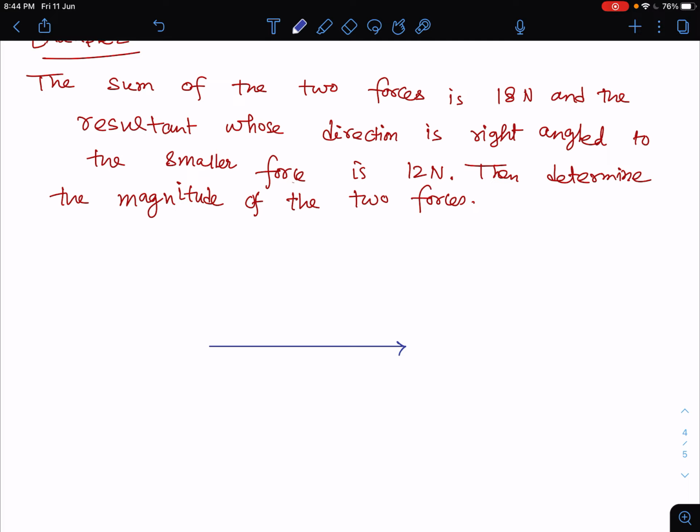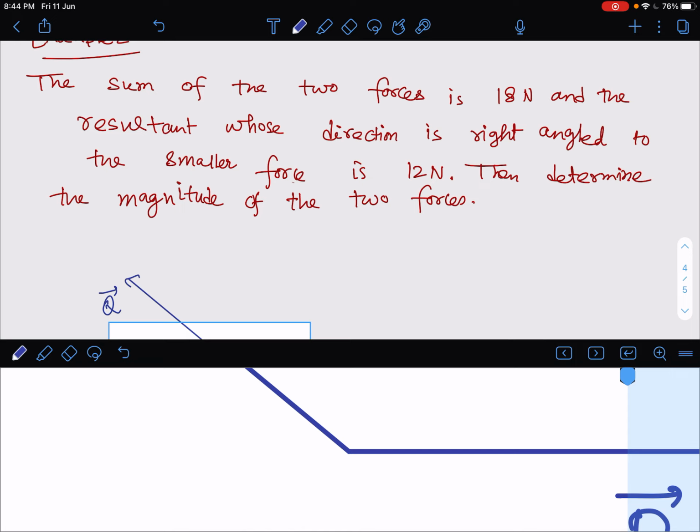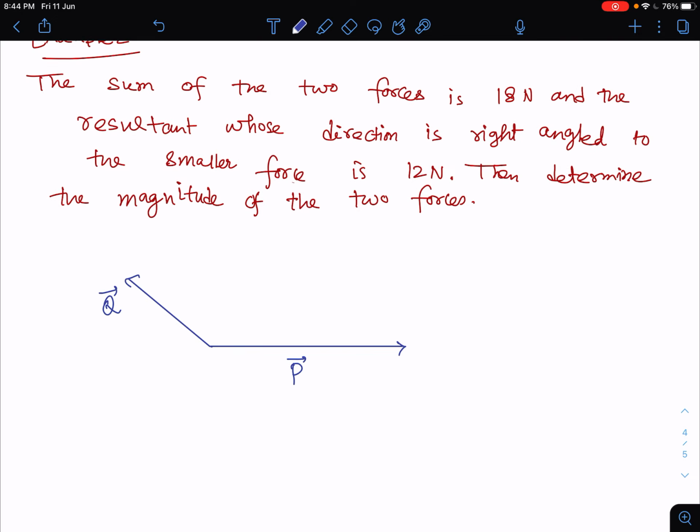Let's say you have a force P, and another force Q. Here Q is at obtuse angle to P, since the resultant vector is at right angle to the smaller force, that is Q. If the resultant is at right angle to Q, then the angle between P and Q definitely must be greater than 90 degree.